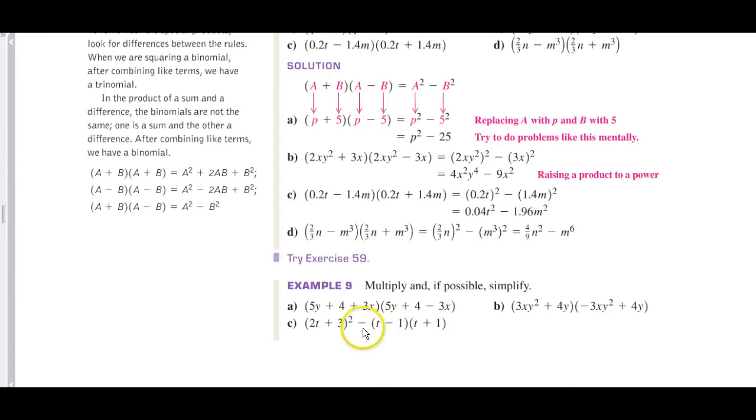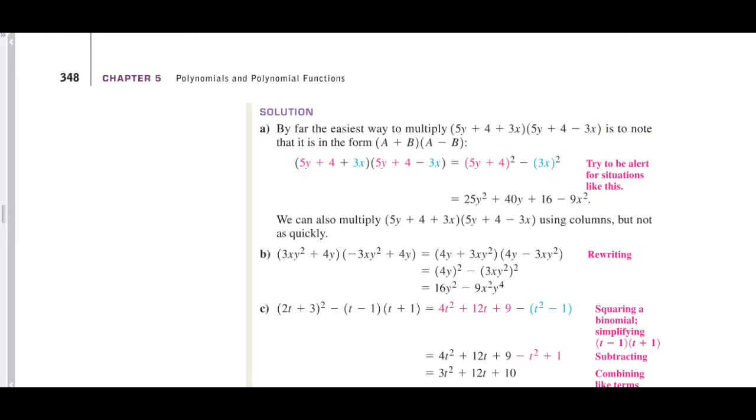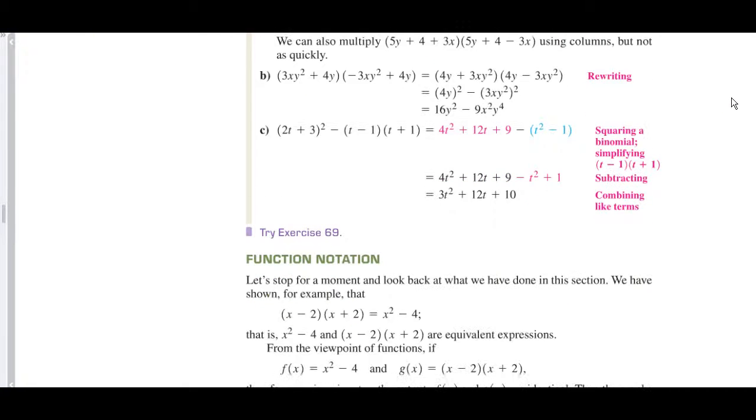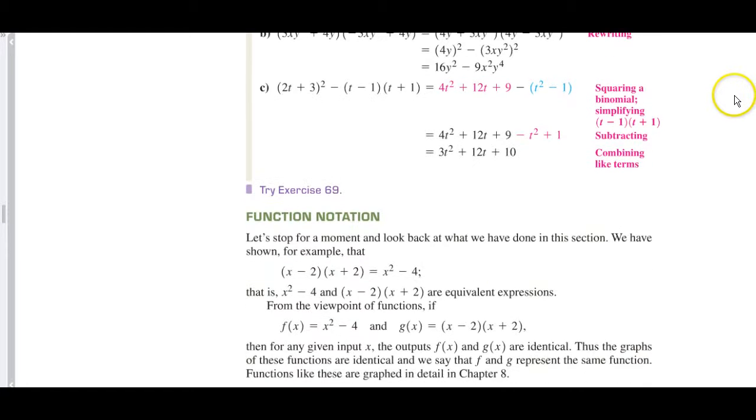Change their signs. Here you're going to expand this one by using that special technique and then grouping like terms. And the answers are all here as well. So since this is review, we're just going over it quickly to let you know these are things you're going to need to know to do the next part.